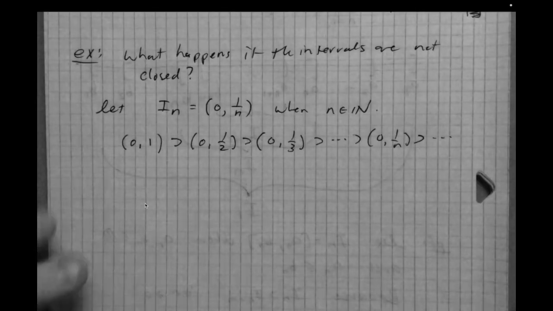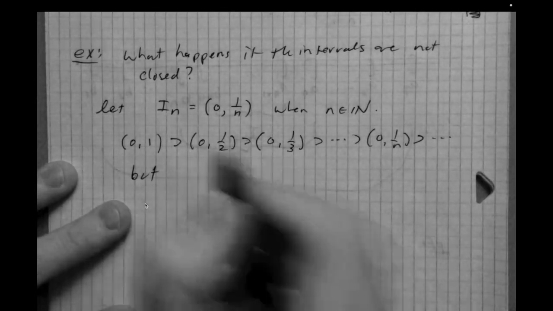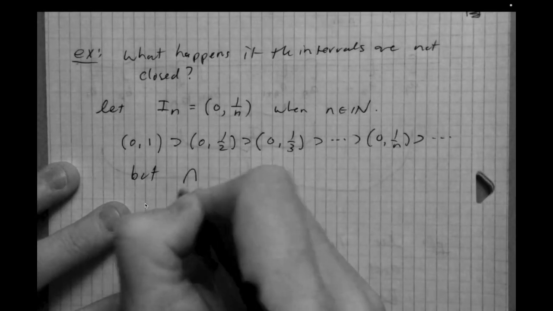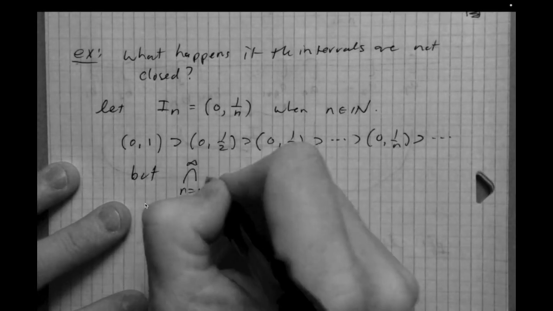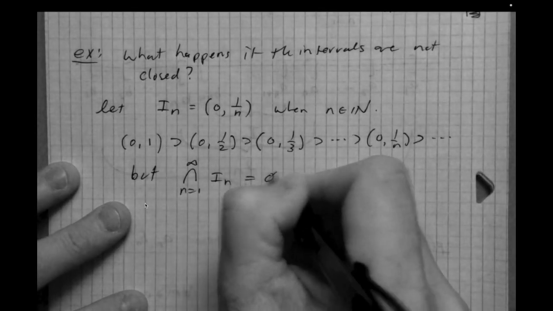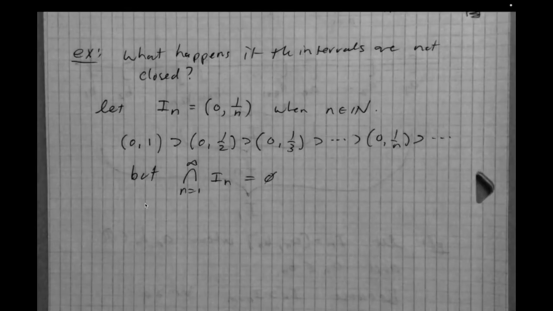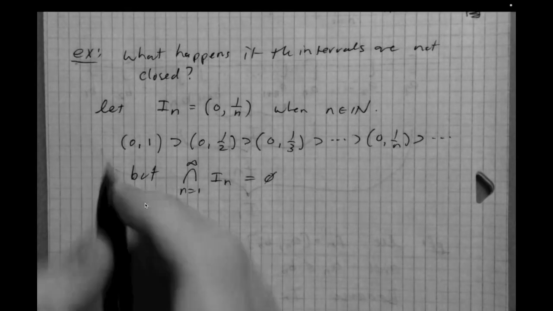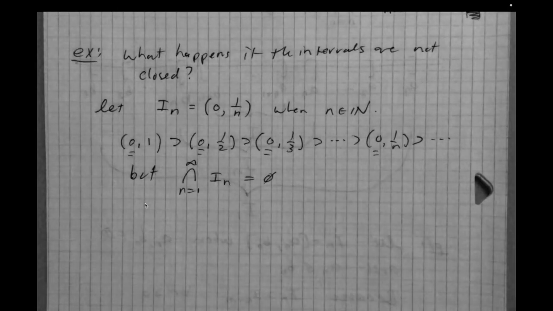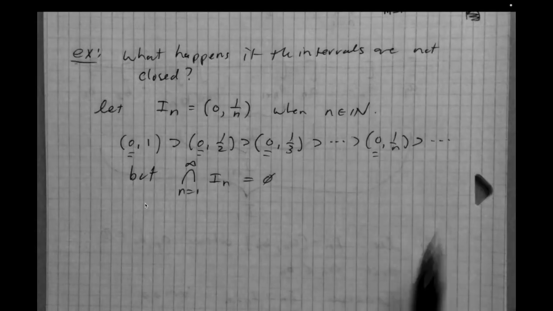Right? But the intersection is actually empty. Really, the endpoint 0 of all of these intervals is the only real candidate for being in the intersection, just based on the fact that it's the only thing that you would ever think could be in every set, right?